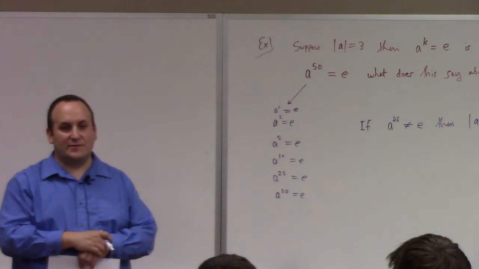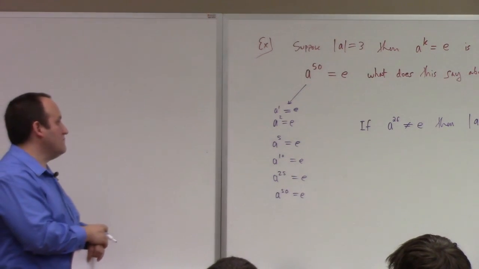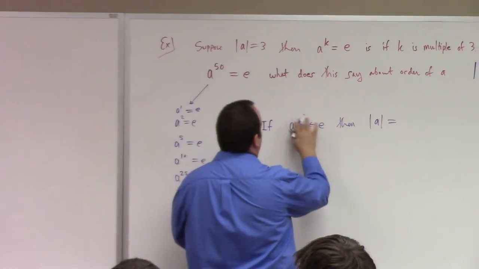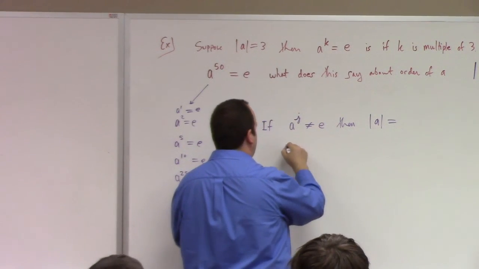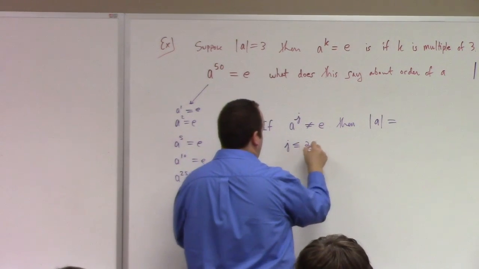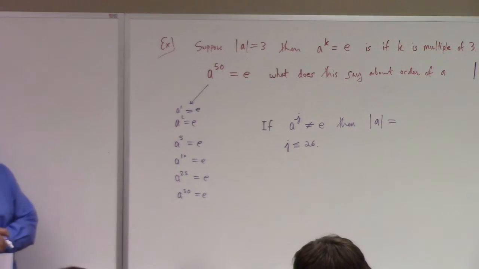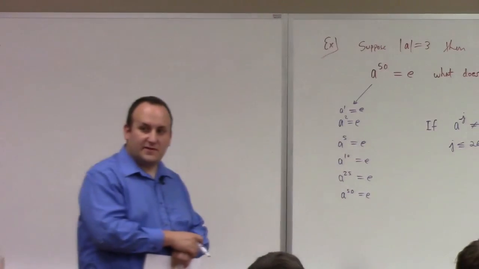I said a to the 26 was not equal to e. Oh, I'm sorry, to be more precise, say a to the j is not equal to e for j less than or equal to 26. That's what I meant to say, sorry. It's automatically 50.